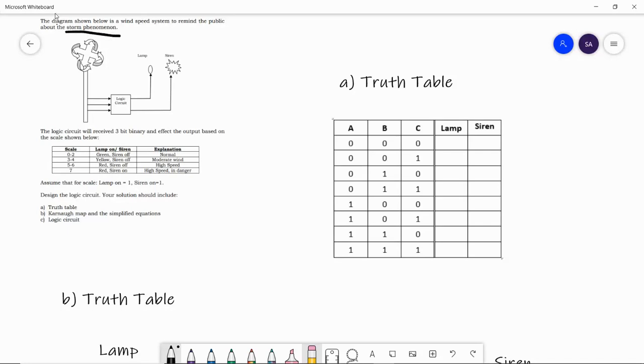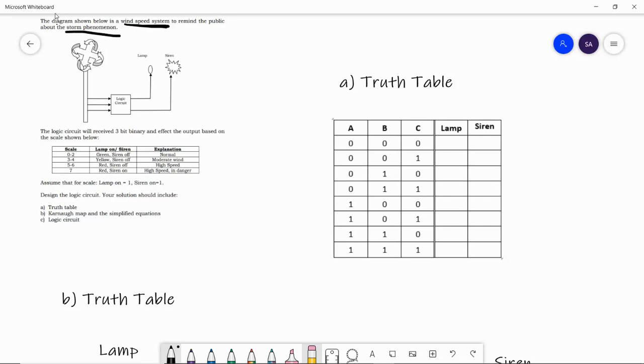It is like an indicator. So the input here, we have the wind speed system as an input and your logic circuit. It will have two outputs, which are your lamp and also the siren.